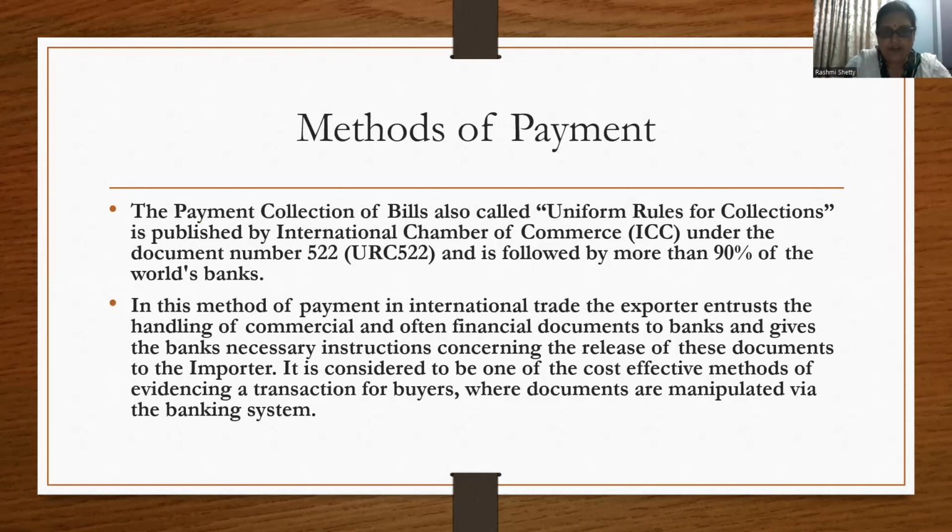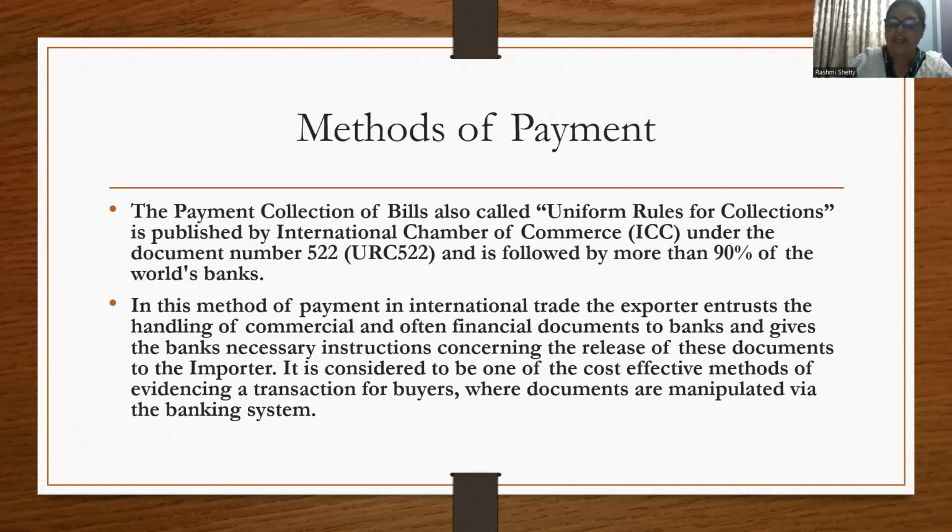So nowadays there is a payment that is made through the collection of bills, and there are certain uniform rules for collections published by the International Chamber of Commerce, that is ICC, and followed by more than 90% of the world's banks.